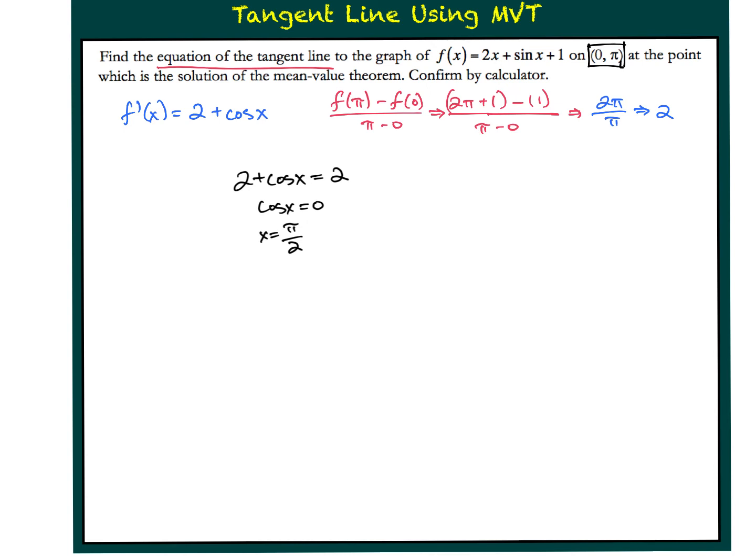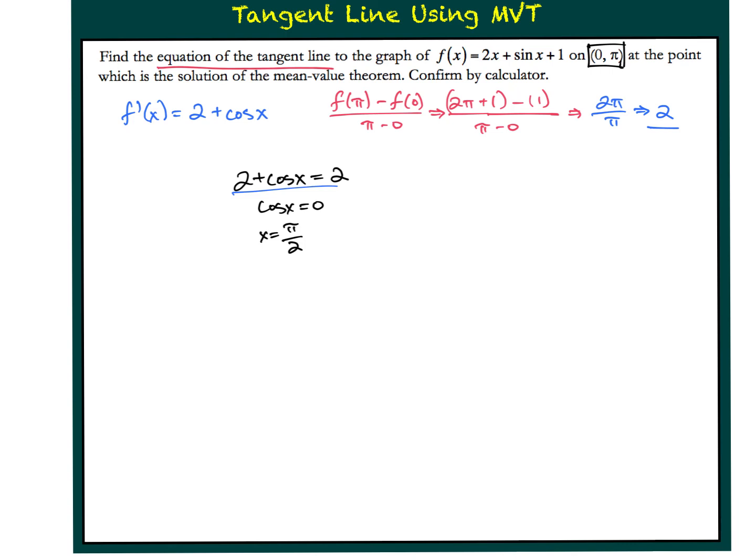But it asks me for an equation of a tangent line. So I need a point and a slope. Do I have a slope? Yes. What is my slope? 2. It's just 2. We set them equal. That's what we solve for by the mean value theorem.